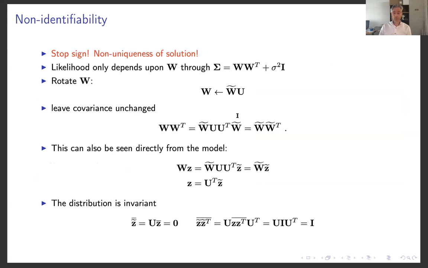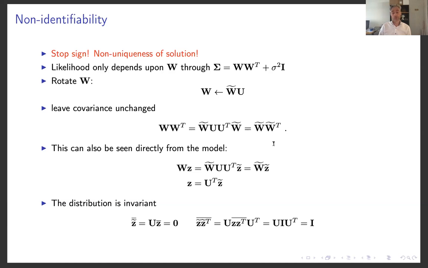The solution we get is not really working so well, because if we look at the structure of our model for the covariance, we can see that we can actually rotate W like this. So U is a rotation matrix, and if we insert that in the covariance, then you can see that we actually get the same covariance, because it only depends on W times W transpose, for a different W matrix, right?